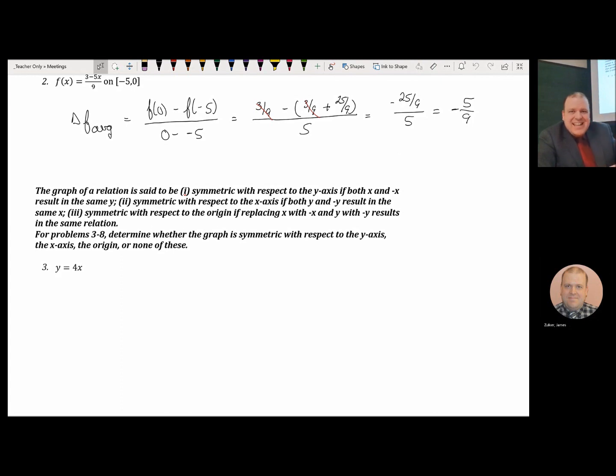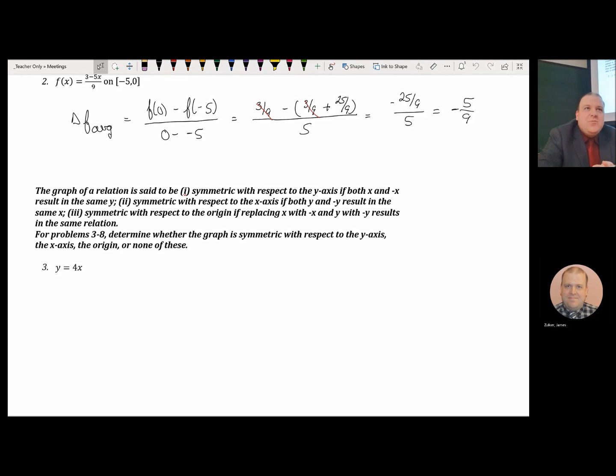A graph of a relation is said to be symmetric with respect to the y-axis if both x and negative x result in the same y value. Symmetric with respect to the x-axis if both y and negative y result in the same x. Symmetric with respect to the origin if replacing x with negative x and y with negative y gives you the same relation.